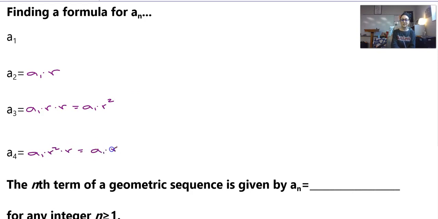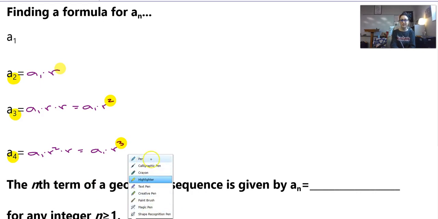So a sub 1 times r cubed. Do we see the pattern? Again, to find my fourth term, I want to multiply r 3 times. r times r times r is r cubed, right? If I want to find my third term, I want to multiply r by itself twice. If I want to find my second term, I need to multiply by r once.